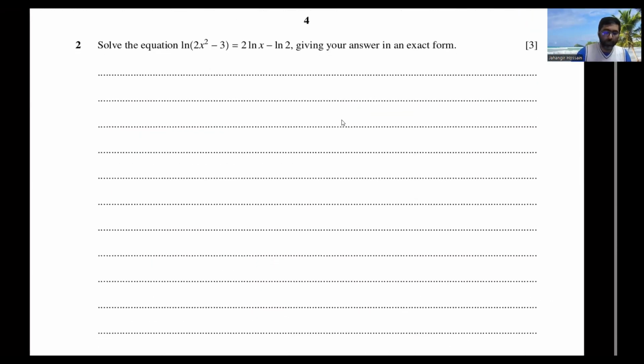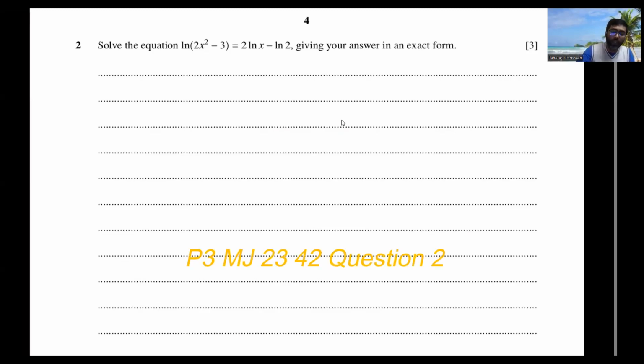Question number 2, you have to solve this equation, which is ln of 2x squared minus 3 equal to 2 ln x minus ln 2, giving your answer in exact form. You see, you have to give your answer in exact form. That's an important point to note.